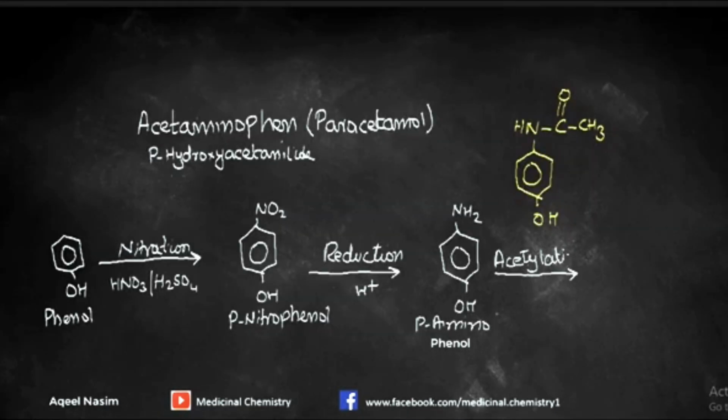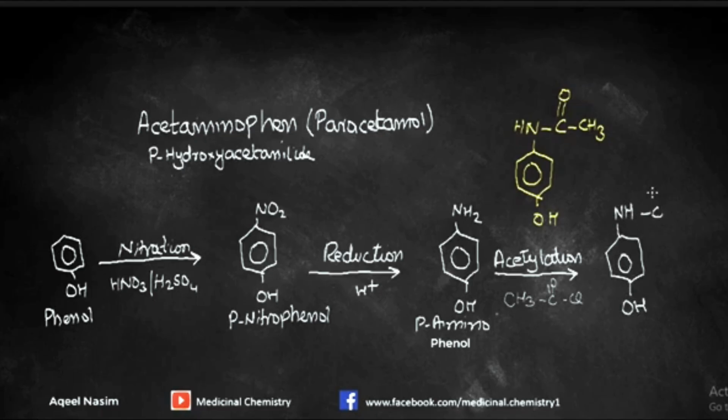The resulting compound is para-aminophenol. Then this para-aminophenol undergoes acetylation in the presence of acetic anhydride or acetyl chloride. It will form paracetamol.